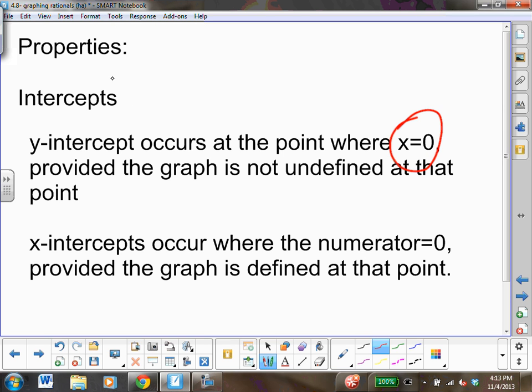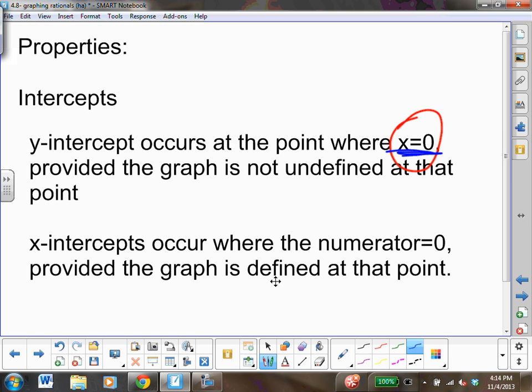The properties for intercepts are the same as any function. The y-intercept occurs at the point where x equals 0, provided that the graph is not undefined at that point. So all I have to do is plug in 0 for x. X-intercepts occur where the numerator equals 0, provided the graph is defined at that point.